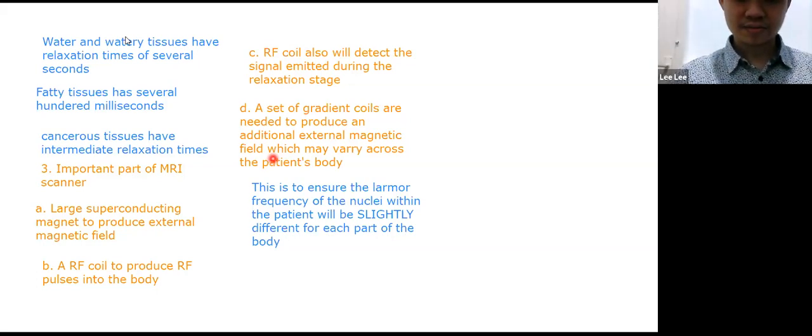I'm going to take a picture first. Okay, I cleared the board already.